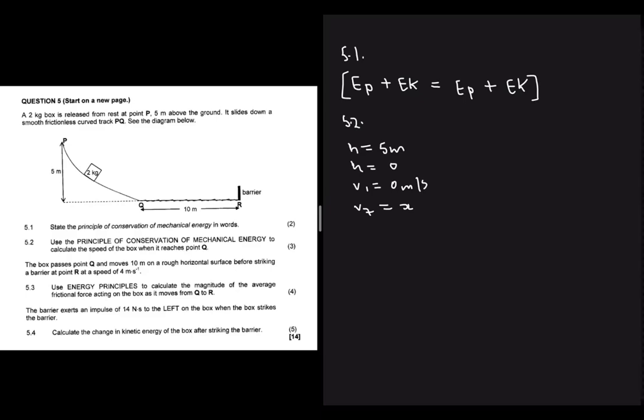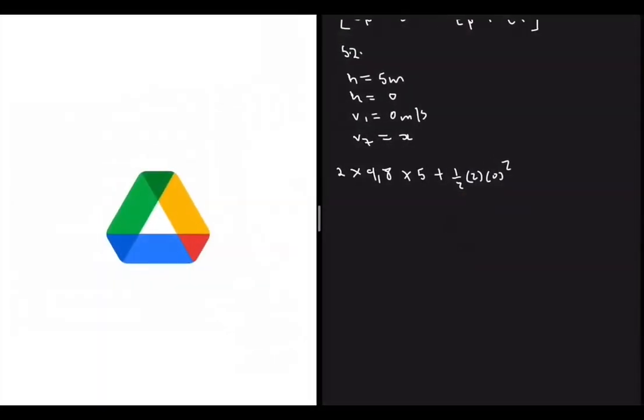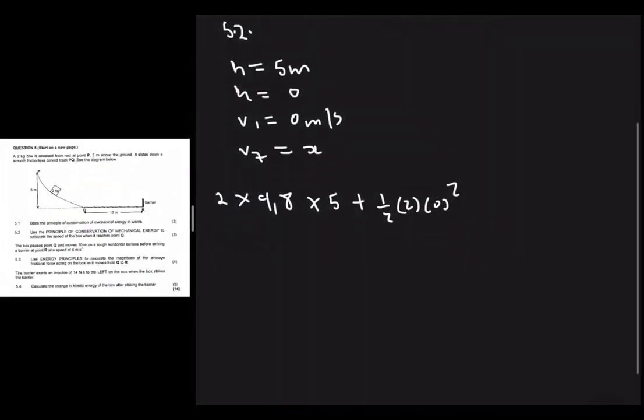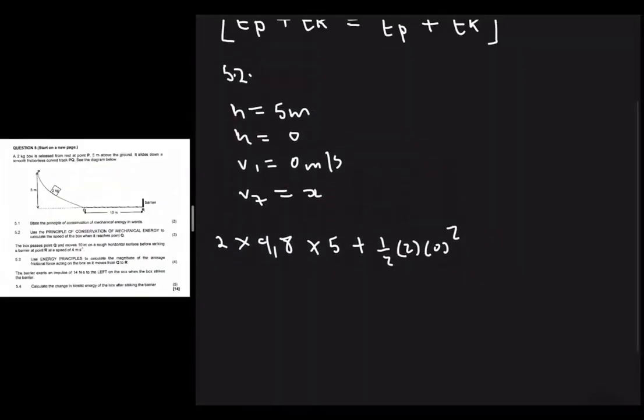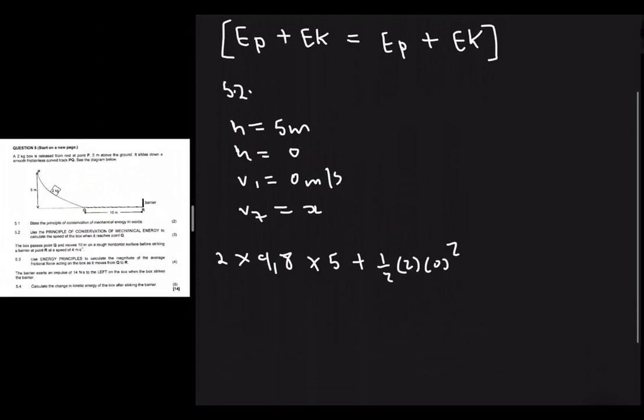That gives us 2 multiplied by 9,8 multiplied by 5, plus the kinetic energy at the top, which is 1 over 2 multiplied by 2 multiplied by 0 squared, because it's sliding down, so it's coming from stationary.